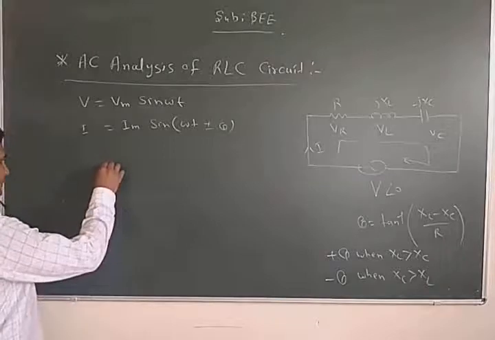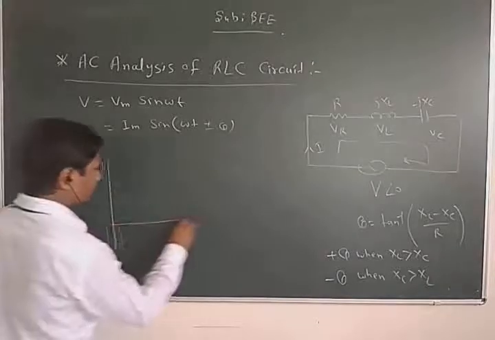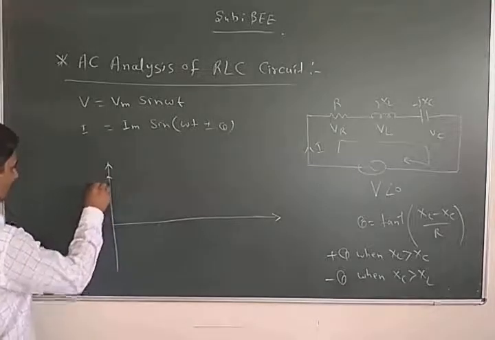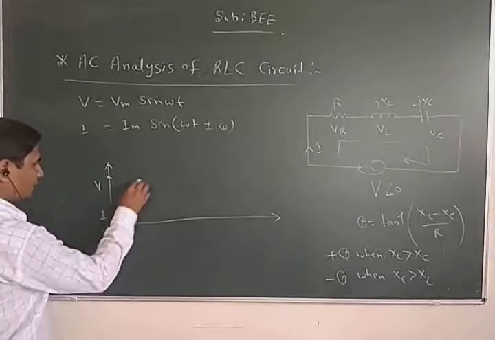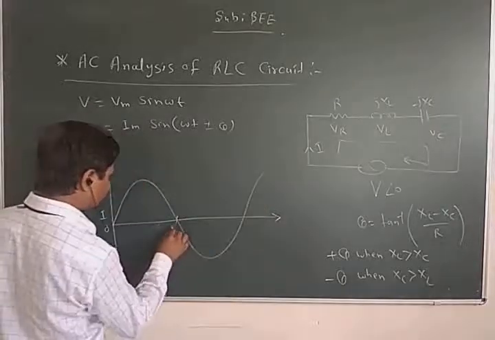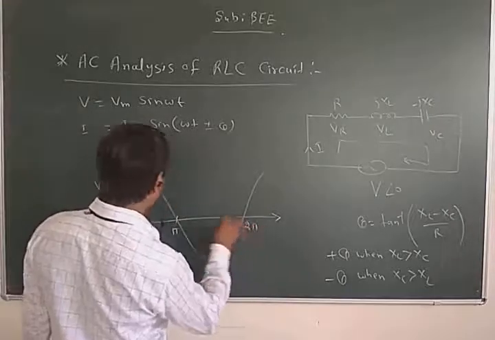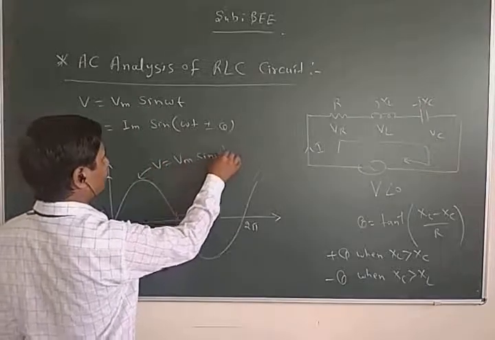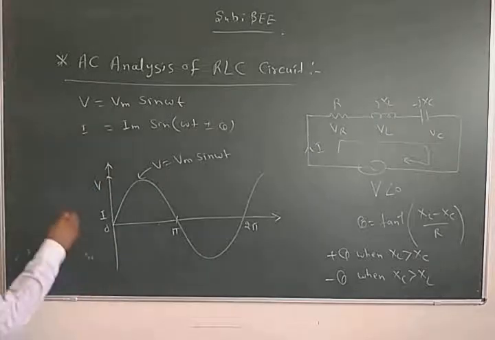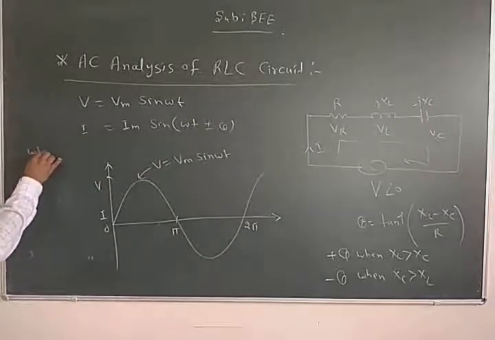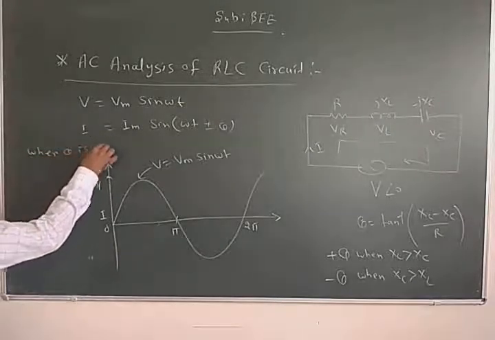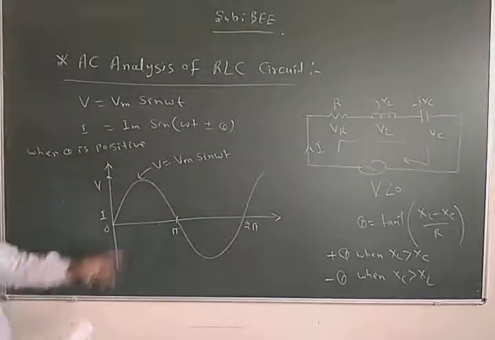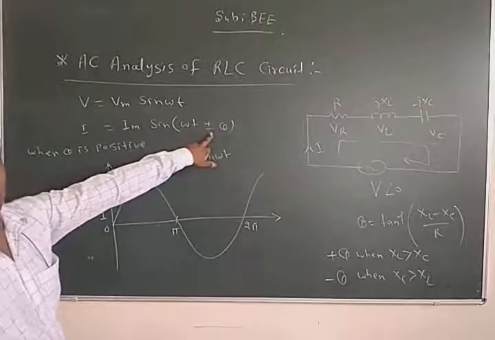Now first we draw the waveform when theta is positive. So this is V and I, and this is the voltage waveform from pi to 2 pi, V is equal to Vm sin omega t. When theta is positive, I is equal to Im sin (omega t plus theta).